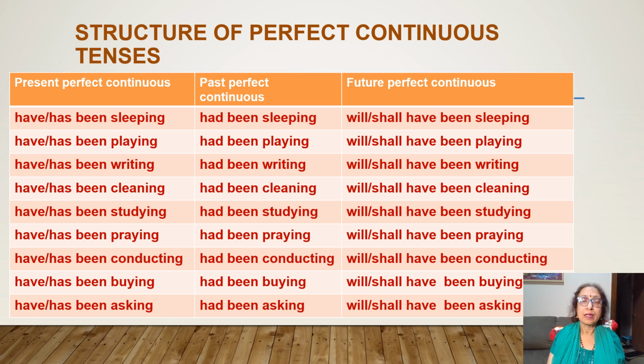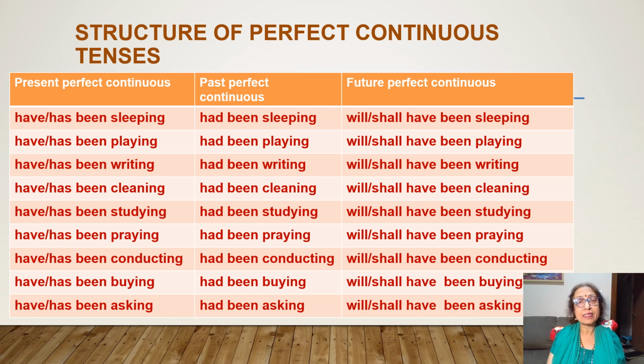asking. Now, here we are using the verb form to conduct. See, the pronunciation is important because the pronunciation videos we need more and more of you to watch in order to improve your pronunciation. If we use this word as a noun, we say conduct. And if we use it as a verb, we say conduct.